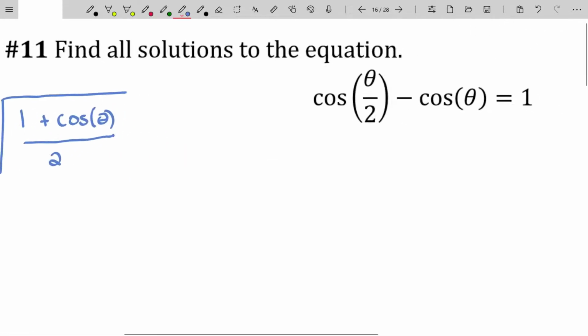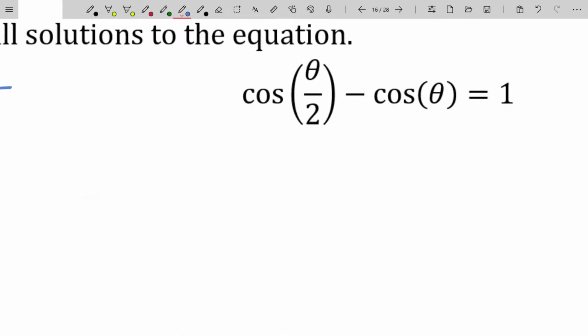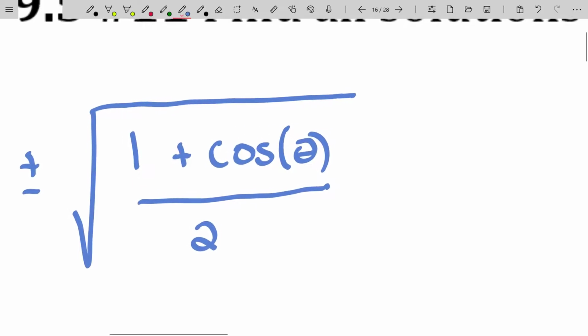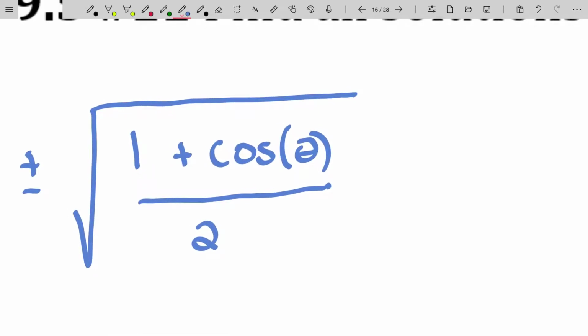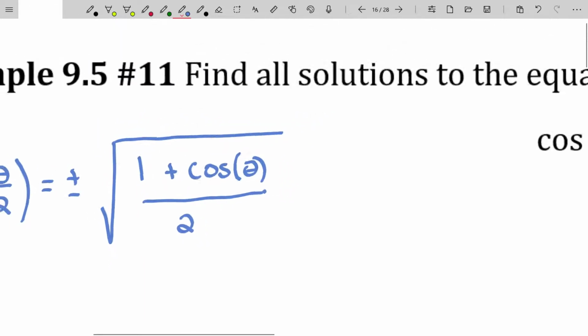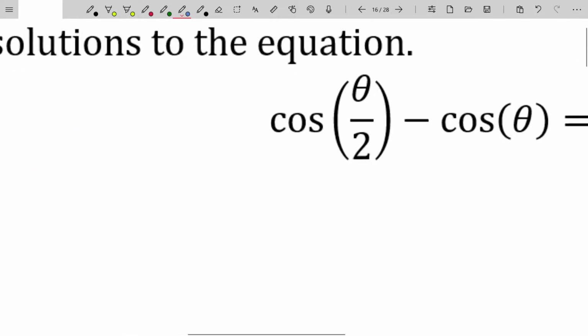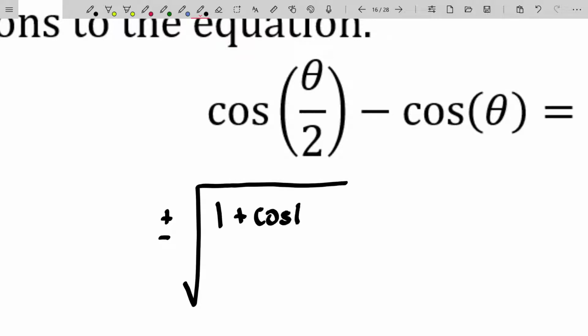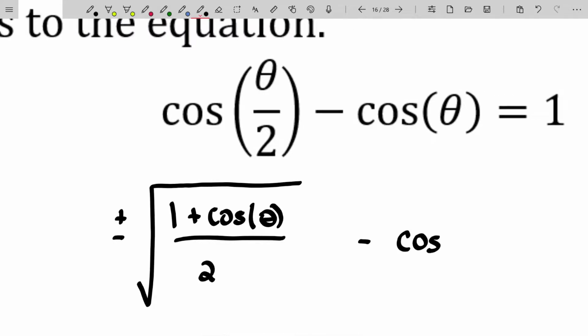Go ahead and take that cosine of the half angle and trade it out for this picture right here, which, by the way, has cosine of the regular angle. So that's going to be very nice. I'll just write that in here. This is going to equal plus or minus the square root of 1 plus the cosine of the full angle over 2. And then we have minus the cosine of the full angle is equal to 1.